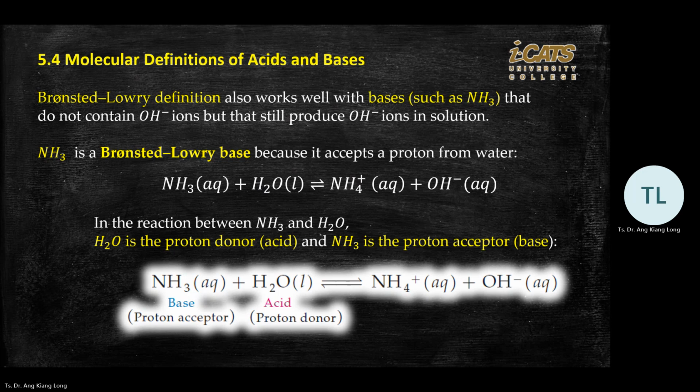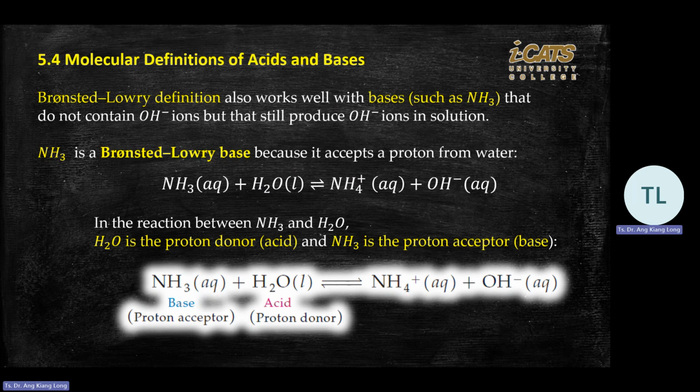NH3 is a base. Water becomes acid already. Just now, with HCl plus water, water is alkali, HCl is acid. But now with NH3 plus water, water becomes acid and NH3 becomes base.